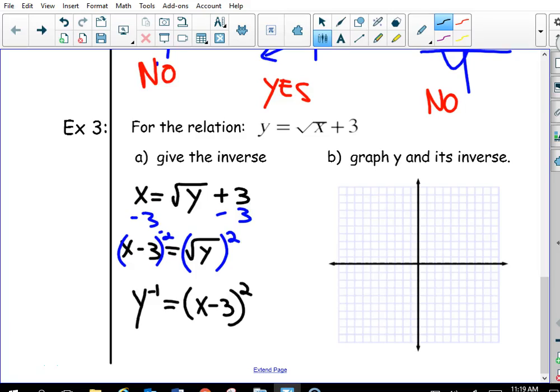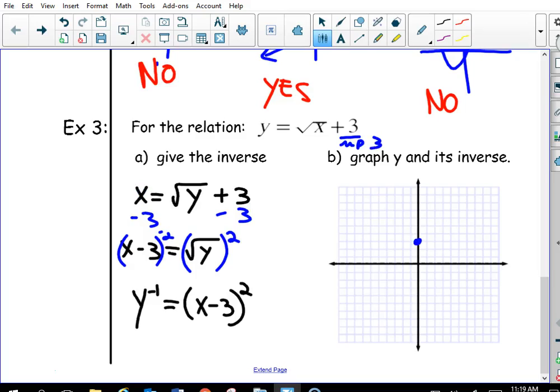And what we have to do is limit the domain of this inverse. It'll help if we start by graphing the original function, y equals square root of x plus 3. Now, this is a translation up 3. So we just graph our regular square root, but we start up 3.